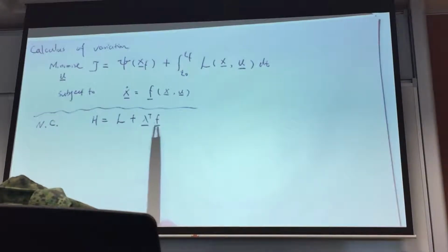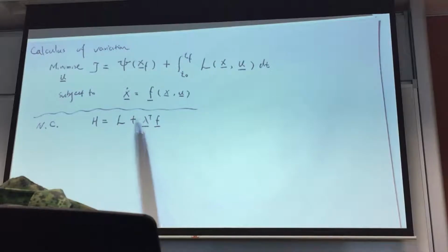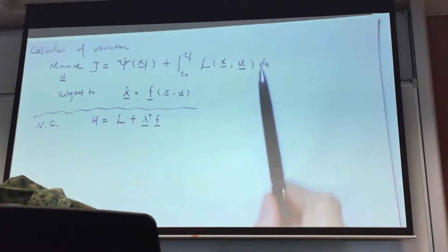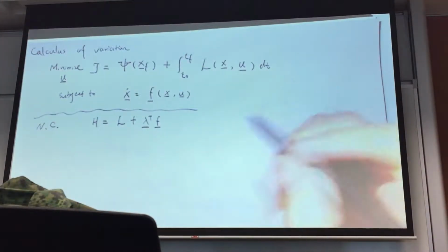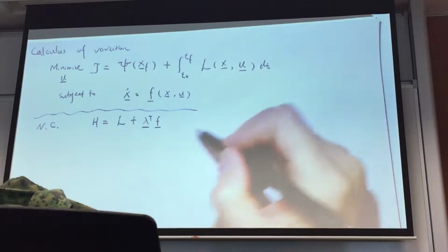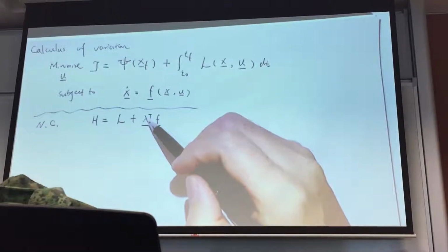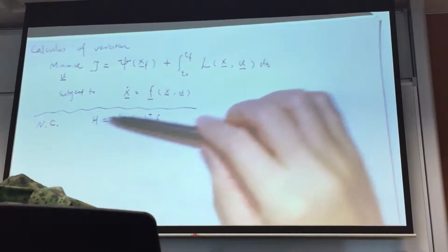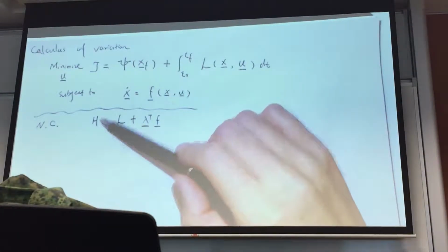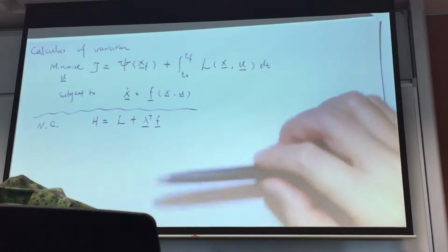But remember, we apply the augmented function and construct the Hamiltonian inside the integral. In previous years, some students always made a mistake at this part. Some students try to construct the Hamiltonian with the function psi. If the construction of the Hamiltonian is wrong, then everything is wrong, so all the marks will be 0.